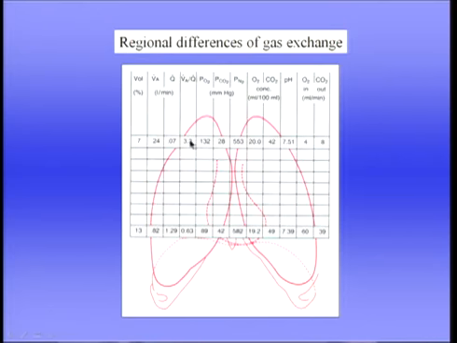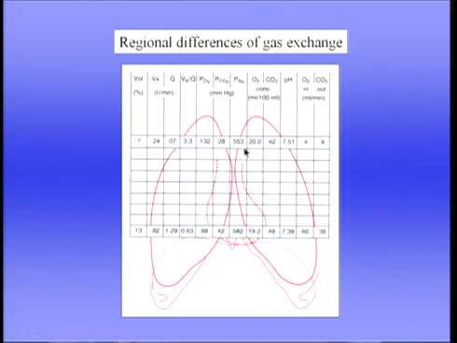For example, because the ventilation perfusion ratio is high, the PO2 is high at the top of the lung, over 130, whereas at the bottom of the lung, it's only about 89. So quite big differences in PO2. PCO2 also shows substantial differences. PCO2 at the top, about 28, at the bottom, about 42.